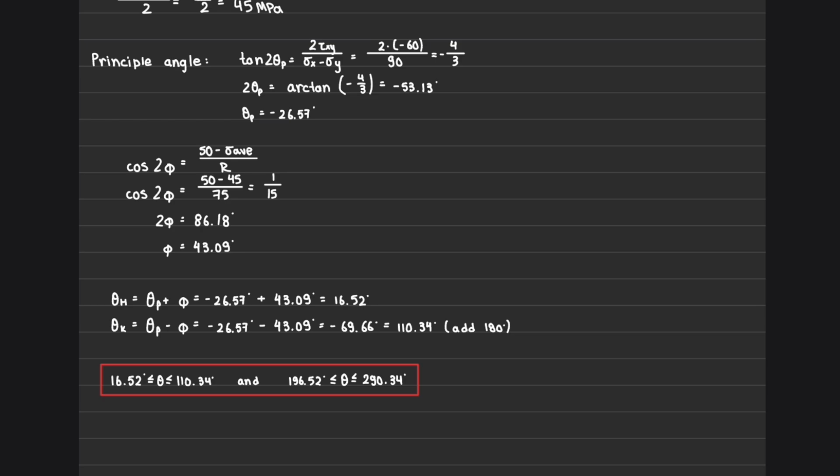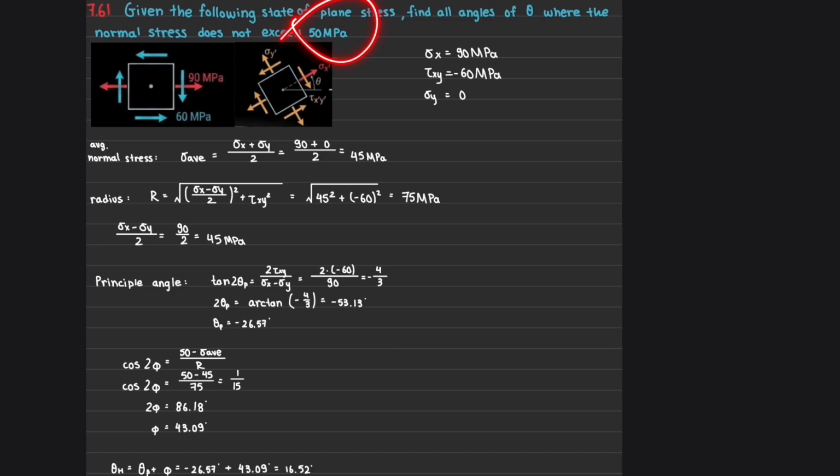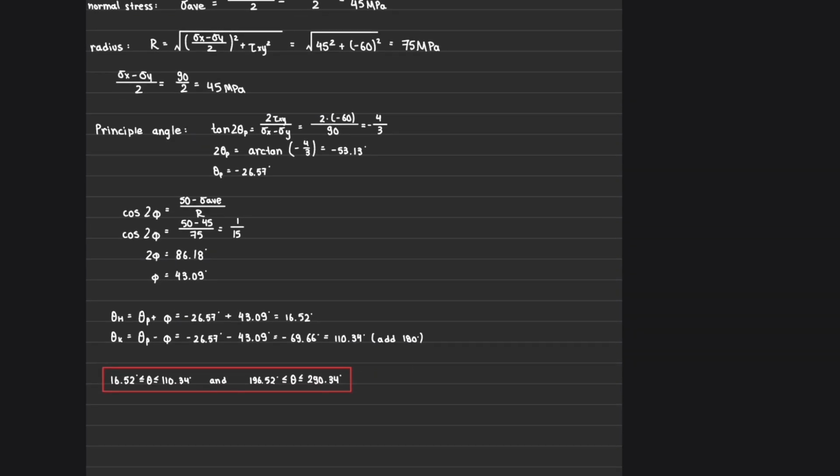Our target limit for our transformed normal stress in the x-axis is 50 megapascal, as given in the question. Because stress transformations follow a harmonic wave pattern, we can use a basic cosine trigonometric ratio to figure out our allowable deviation angle phi.